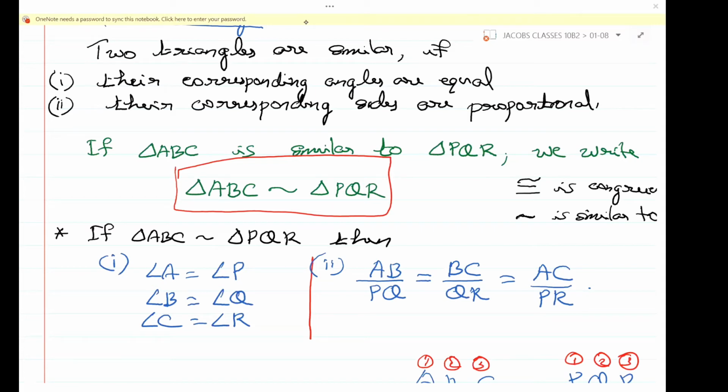Okay, this one also you have sent correctly. Fine. Corresponding angles are equal, the first part is equal, and corresponding sides are proportional, the second part is proportional. Next: give two different pairs of similar figures and non-similar figures.